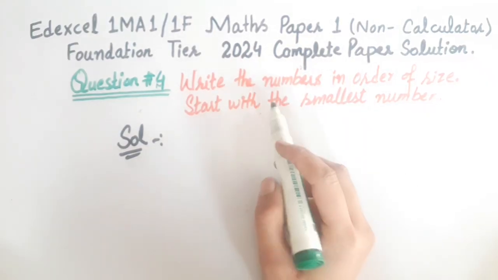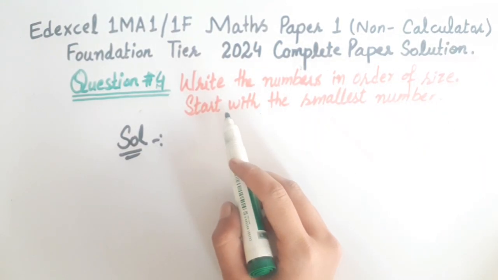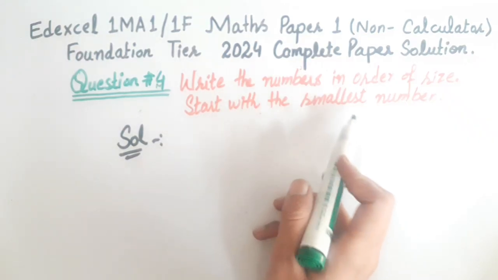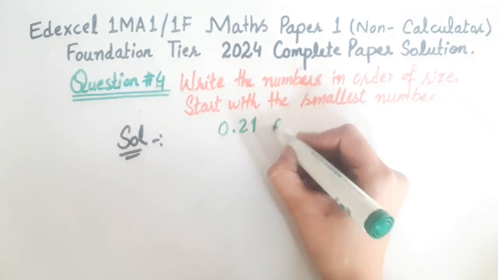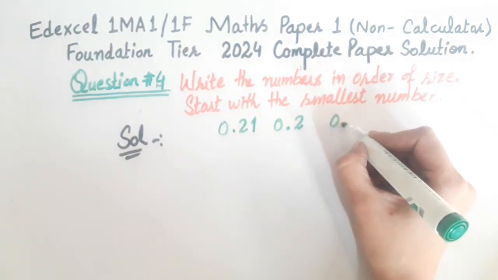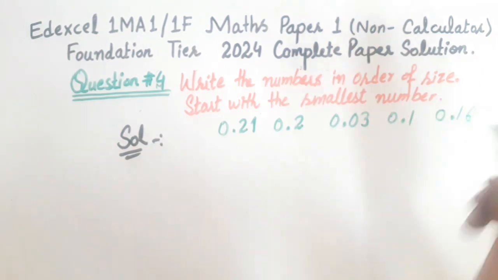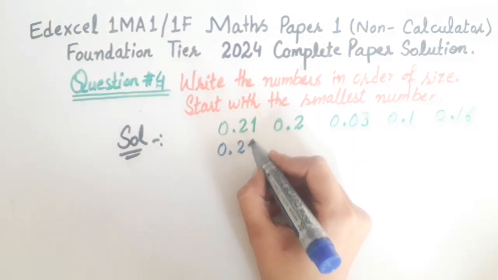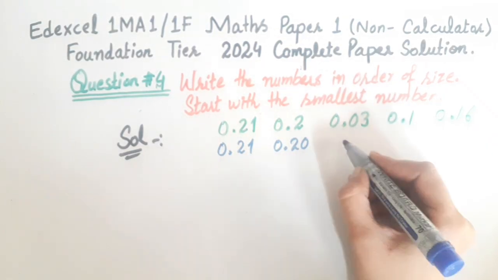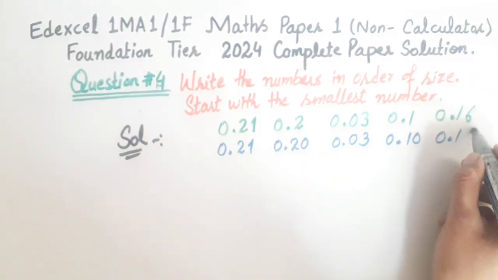Now here question number 4 is, write the numbers in order of size, starting with the smallest number. The numbers given are 0.21, 0.2, 0.03, 0.1 and 0.16. First of all I will write these numbers to 2 decimal places. This will be 0.21, 0.20, 0.03, 0.10 and 0.16.